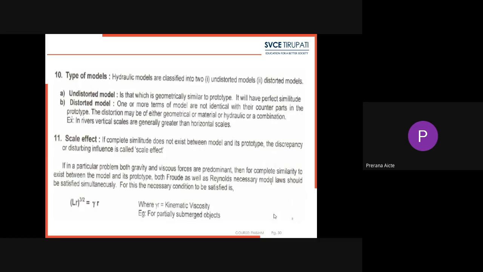An undistorted model is geometrically similar to the prototype and it will have a perfect similitude. Coming to the distorted model, one or more terms of the model are not identical with their counterparts in the prototype. So the distortion may be geometrical or material or hydraulic or a combination.